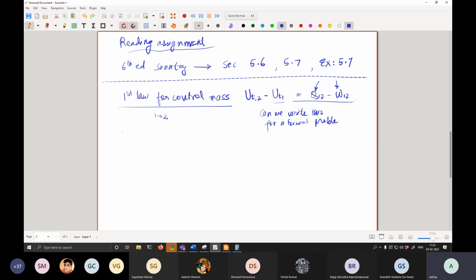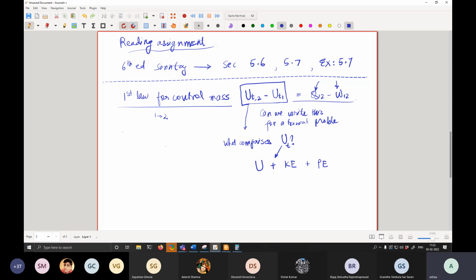I can write it as this. And what are the different components of U total? U total is comprised of the actual internal energy due to the molecular motion, plus the kinetic energy of the system, plus the potential energy of the system.